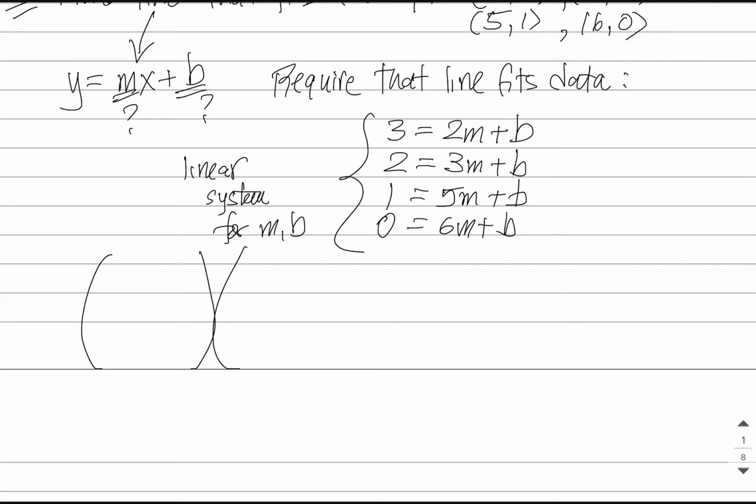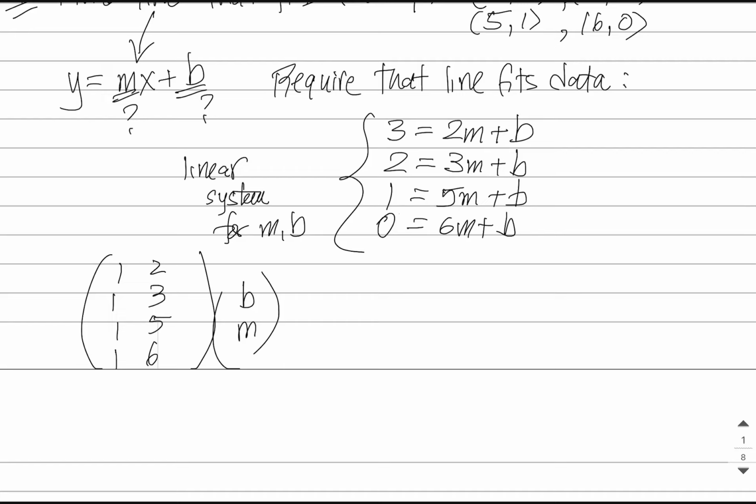Now, I'm going to talk about the vector of unknowns in this particular situation as consisting of two things. We'll have a b and an m. I'm just going to switch the order from what you may be used to, just because it's going to make these equations look a certain way. Every one of these equations has a b, and that's why that first column of the matrix is filled with ones.